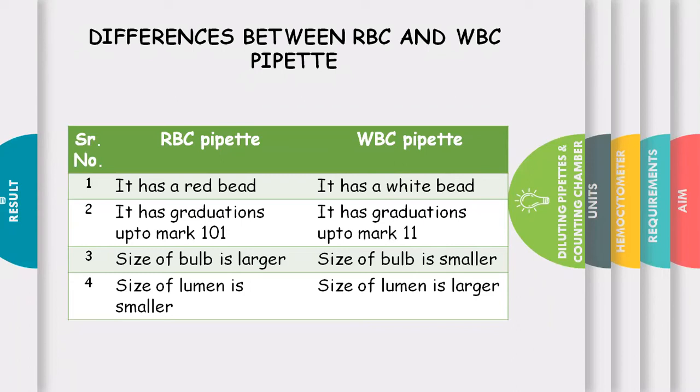Third, in the RBC pipette the size of the bulb is larger and in the WBC pipette it is smaller. Fourth, in the RBC pipette the size of the lumen is smaller and in the WBC pipette it is larger. These are the total differences between the RBC and the WBC pipette.